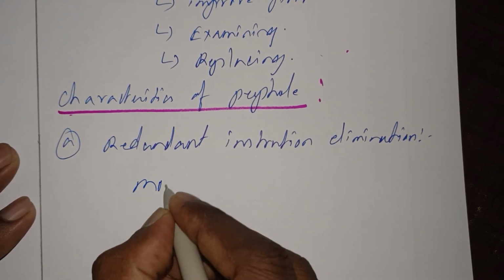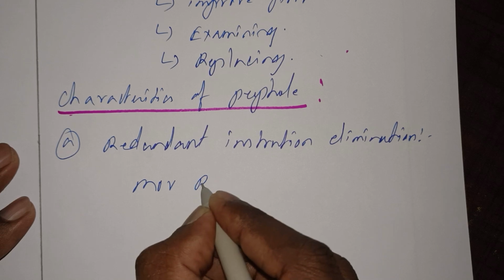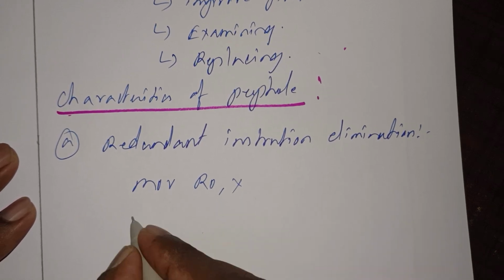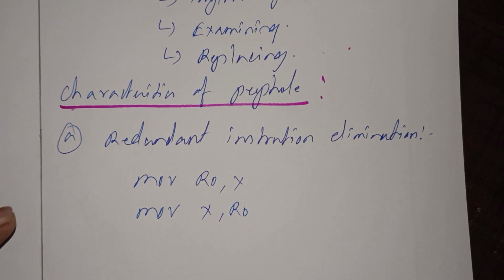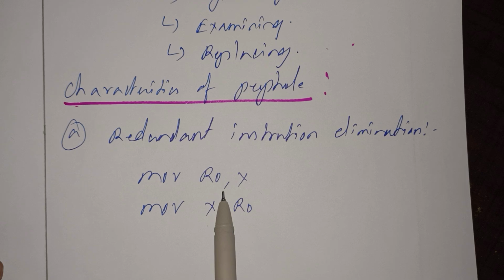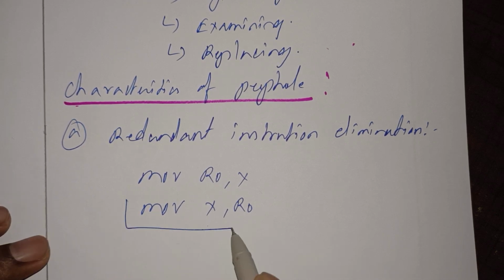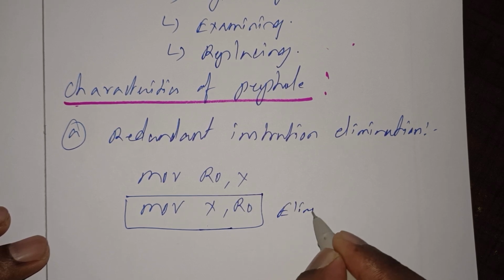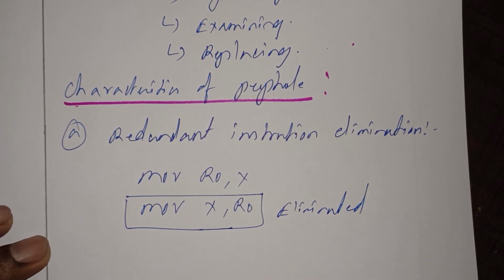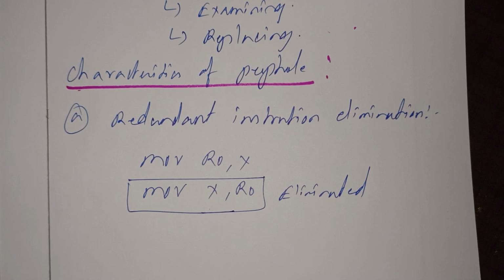For example, move r0 comma x, and again move x comma r0. It doesn't have any effect, because I'm moving x to r0 and then r0 back to x. So this second line of the code can be eliminated.